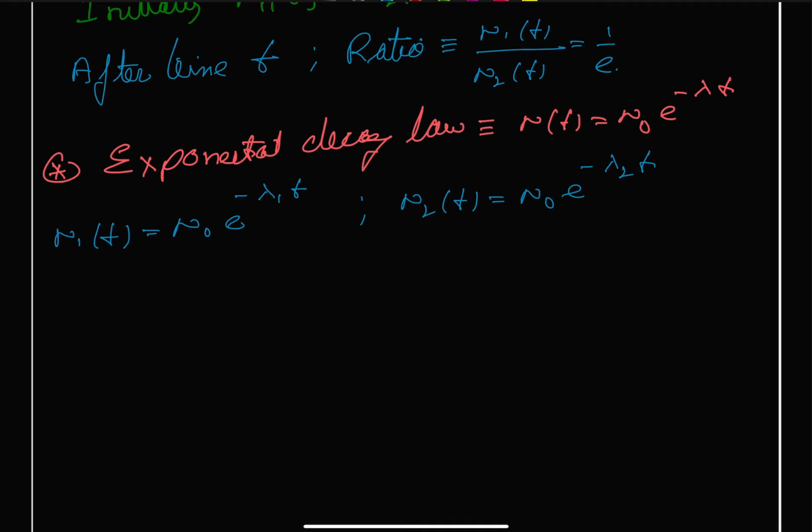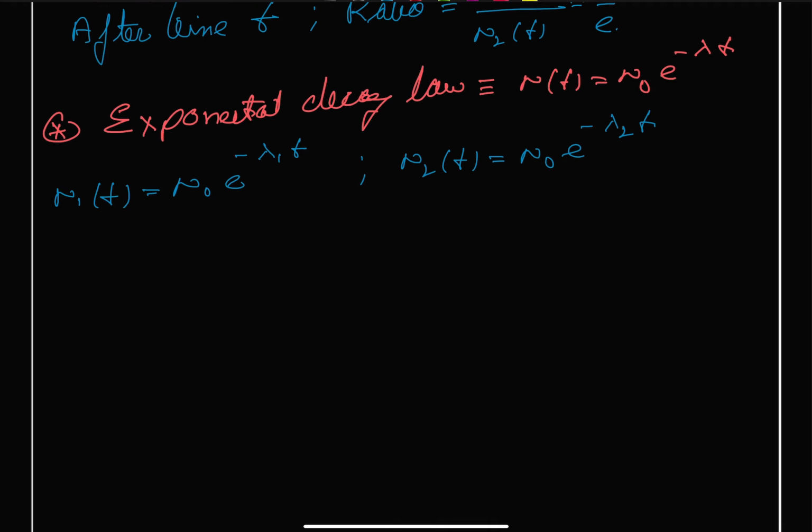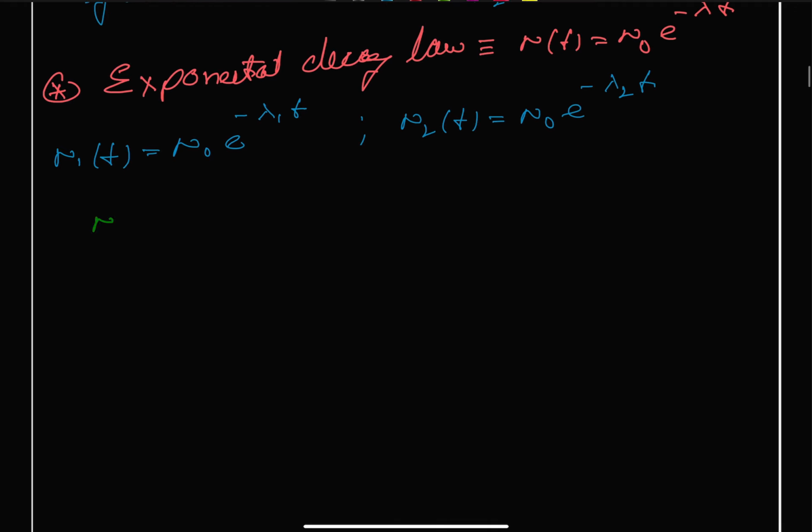We substitute the values of lambda 1 and lambda 2, and we take the ratio. So we get N1t upon N2t. N naught is going to cancel out, so we are going to get e raised to power minus 10 lambda t upon e raised to power minus lambda t.